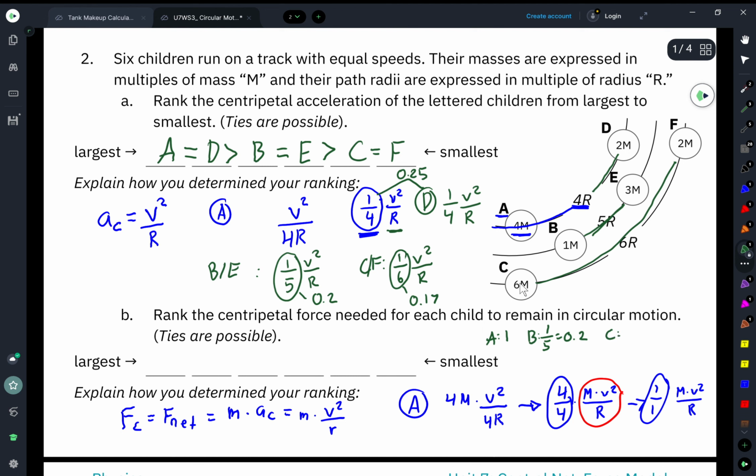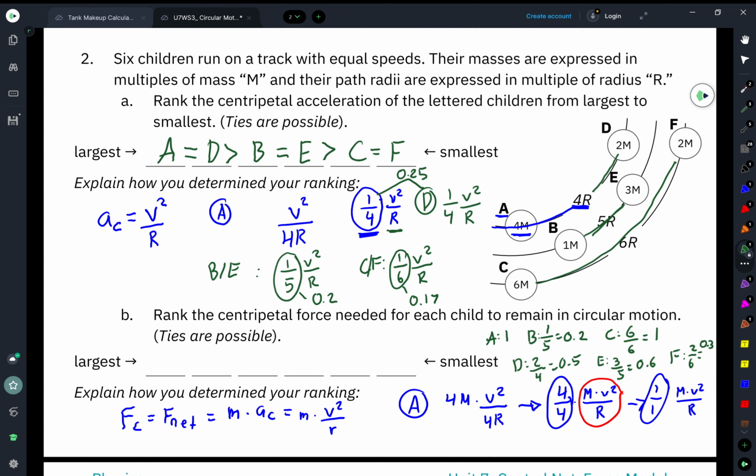C is going to be 6 mass over 6 radius, or 1. D is going to be 2 mass over 4 radius, or 0.5. E is going to be 3 mass over 5 radius, or 0.6. And finally, F is going to be 2 mass over 6 radius, or 0.3.